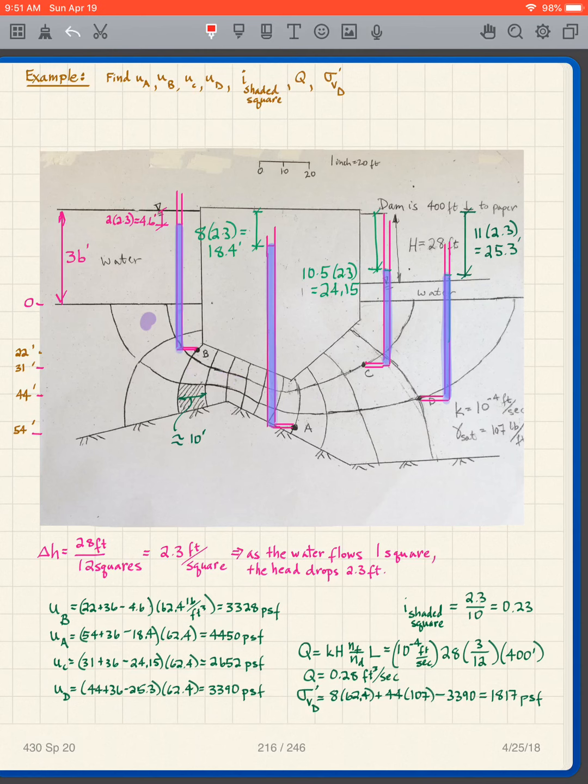And so we get 28 over 12, 2.3 feet per square. Then you can figure out that for A it's 2 times 2.3. For B it's 8 times 2.3. For C it's 10.5 times 2.3. For D it's 11 times 2.3. So we get the head drops, and then you have to use the geometry.